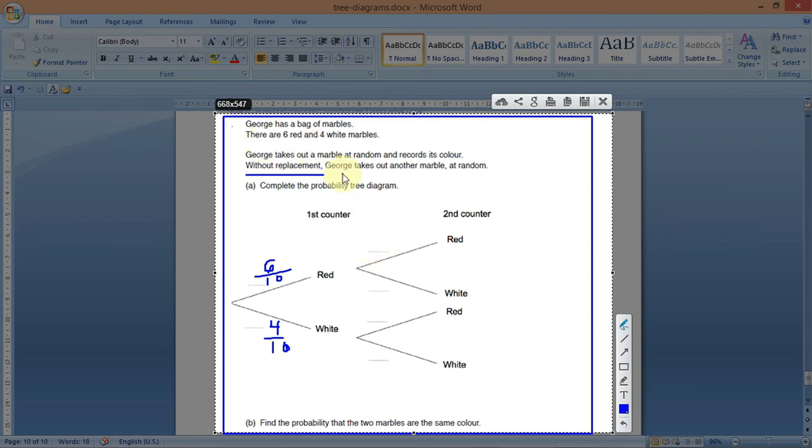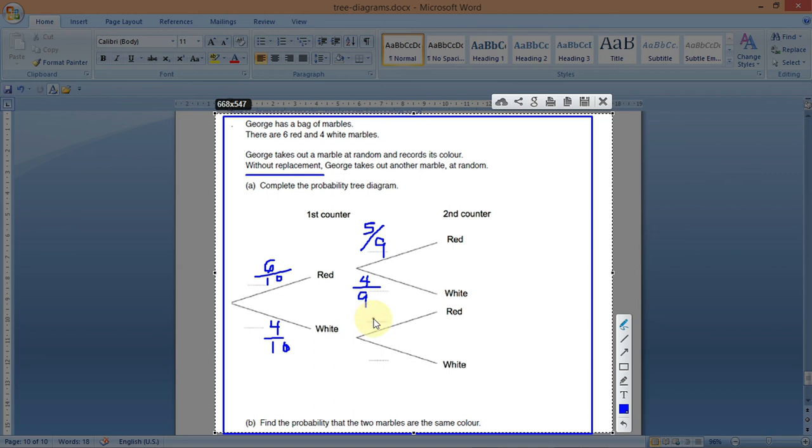Now the only thing about this question is that it is without replacement. If I have red the second time, because I picked red the first time, the number of red will drop by 1, so that will be 5, and the total also drops by 1, so that's 9. Now red first time, white second time: white still remains 4, but the total drops by 1 because I picked red first, so this will be 9.